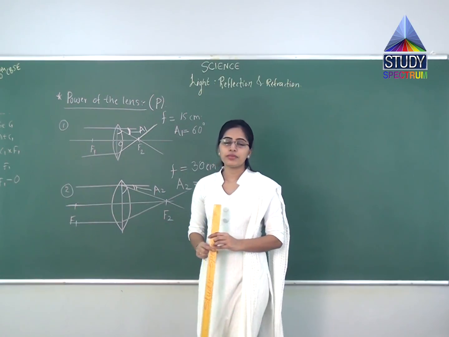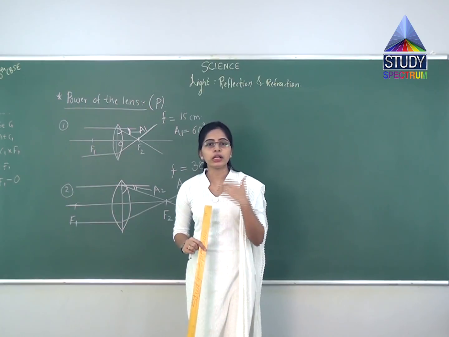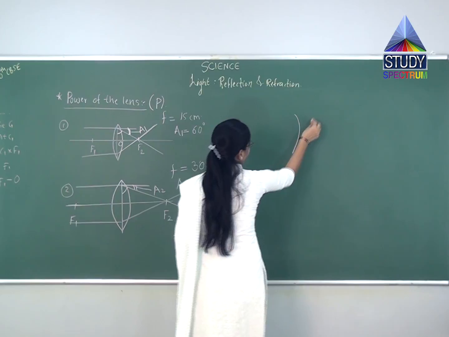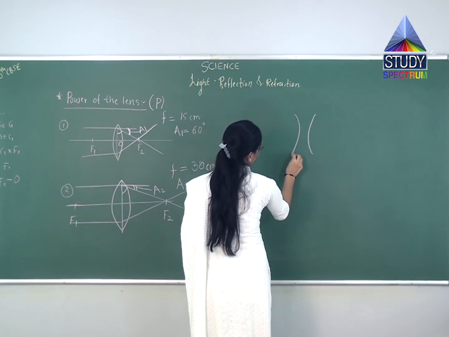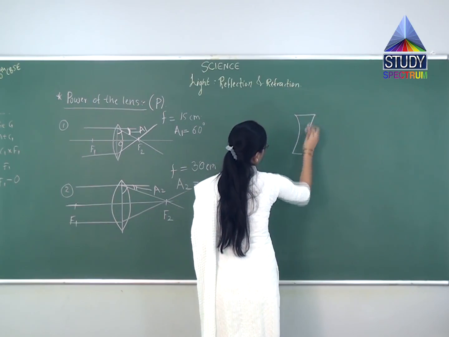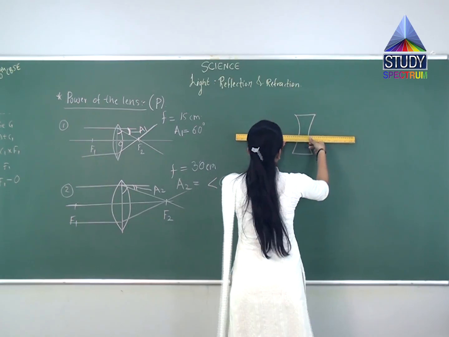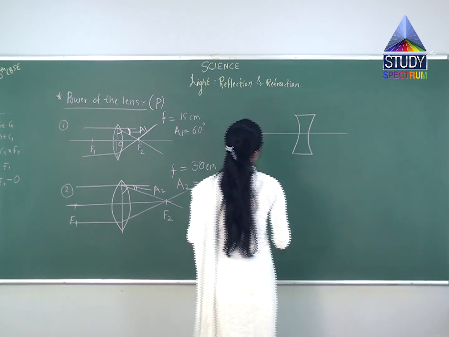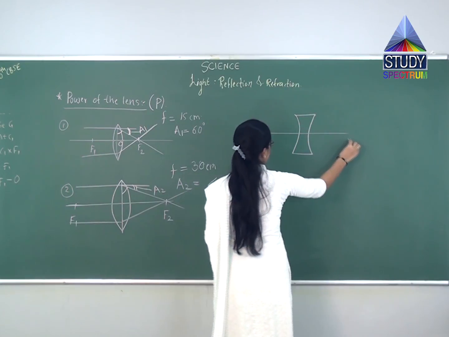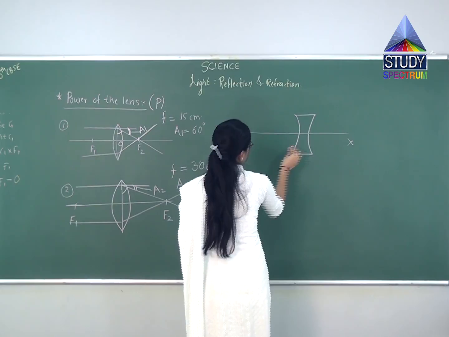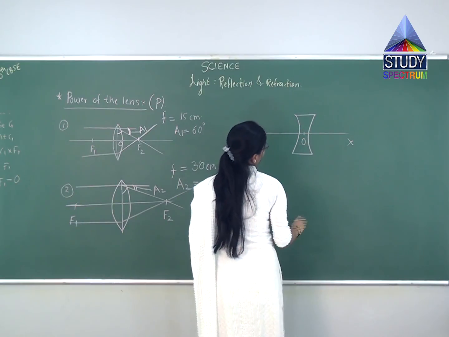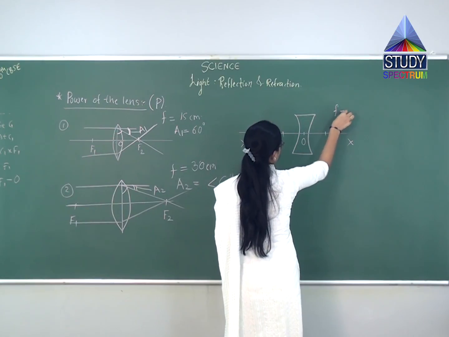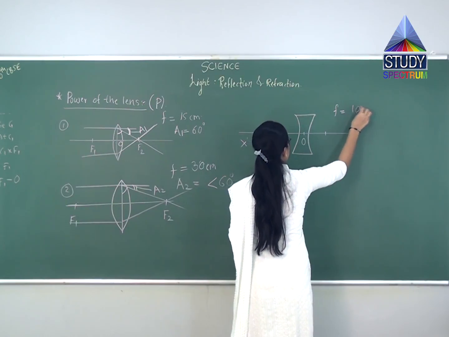Now a similar case will be applicable for a concave lens. I will show you. Here is my concave lens. This is the principal axis. Here is the origin. Again here the focal length is suppose 10 cm.